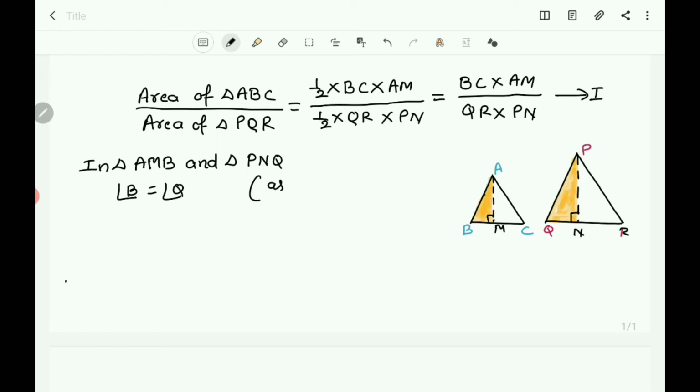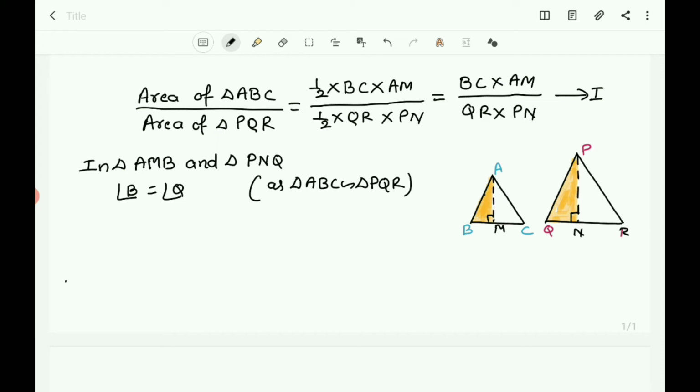As triangle ABC is similar to triangle PQR. You know that the corresponding angles of similar triangles are equal. Therefore, you can write angle B is equal to angle Q. That is indirectly given here.